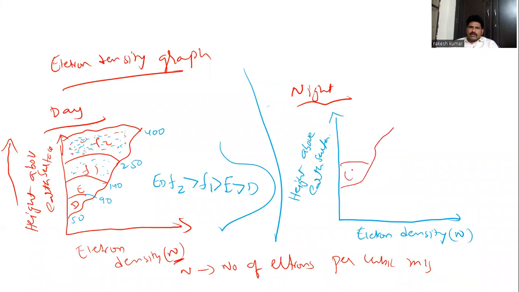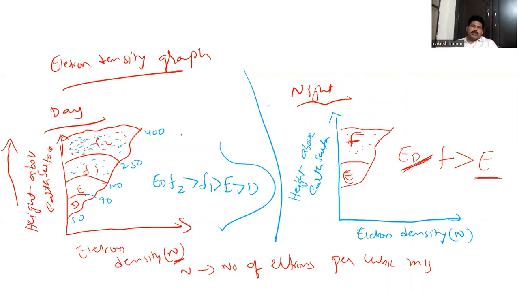So this is my E layer and this is my F layer. More electrons will be present in the F layer. The number of free electrons present in the F layer is more when compared to the E layer during night time.